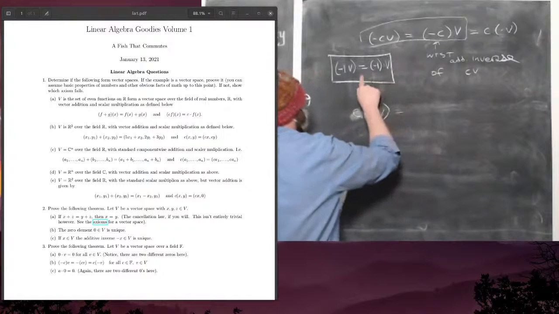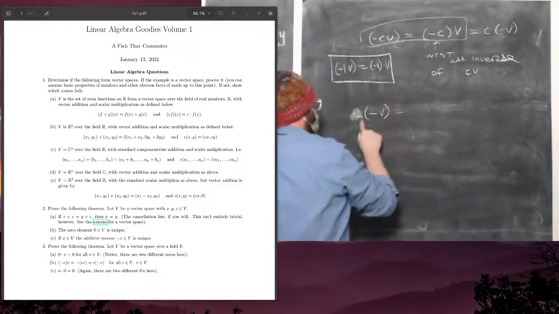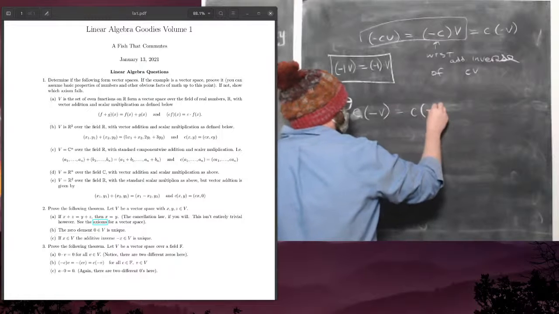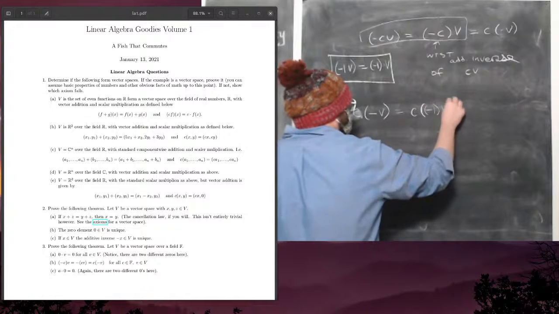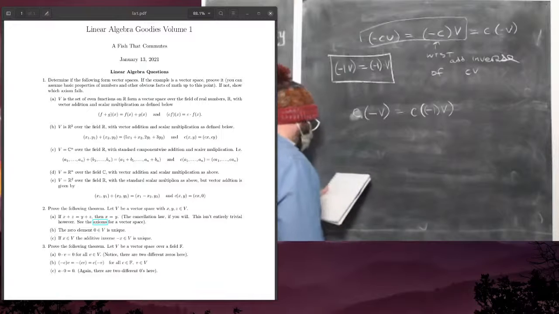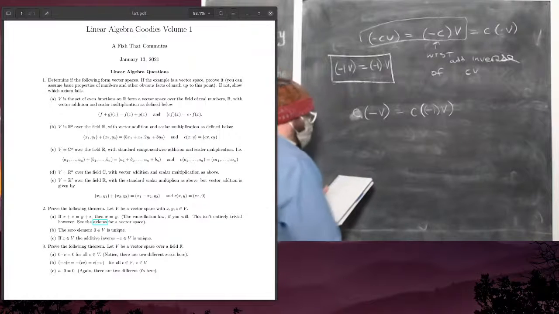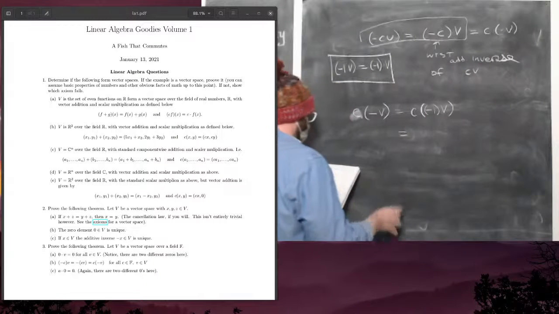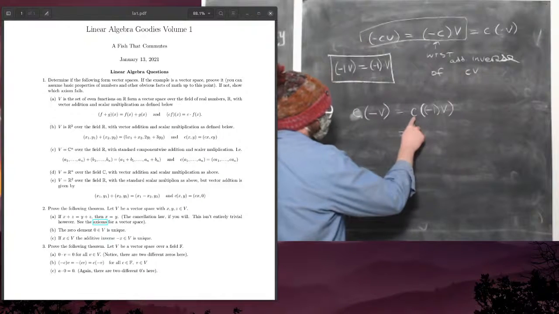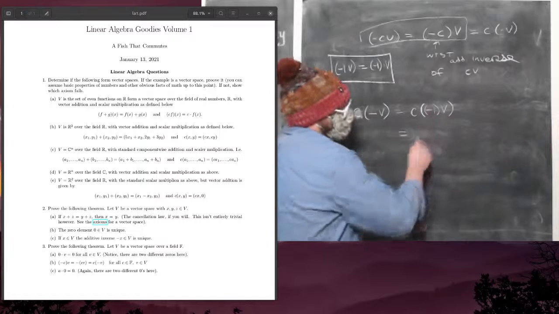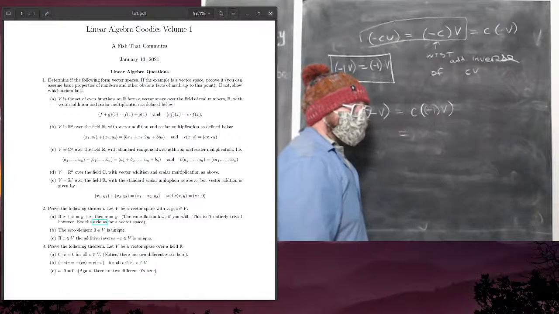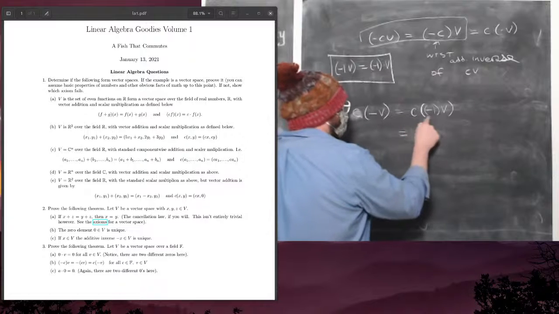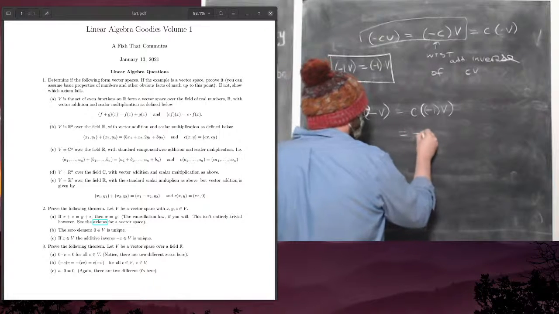Well, we're going to use this fact. So C times negative V is the same as C times negative 1 times V, right? And then by associativity, right? This is in the field, this is in the field, and it's one of those multiplicative associativities from the vector space axiom. So C times negative 1, which is just negative C from the field stuff.